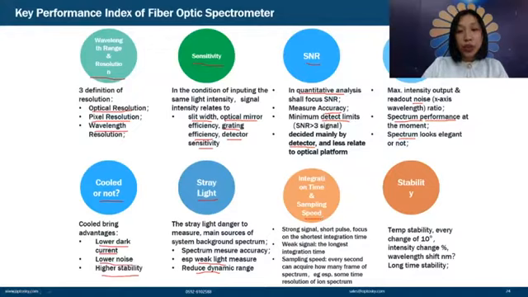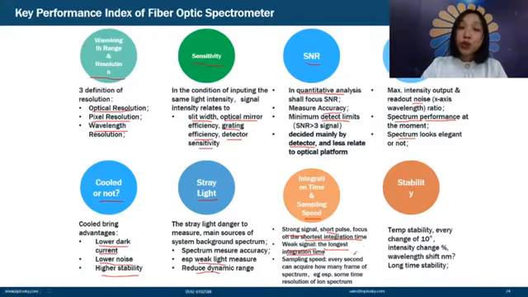And next is the integration time and sampling speed. For strong signals and short pulses, we need to focus on the shortest integration time, like for luminescence. And also we have the weaker signal. Weaker signals need the longest integration time. Take an SLR camera for example. If you want to measure lightning, you need to use the fastest shutter speed.